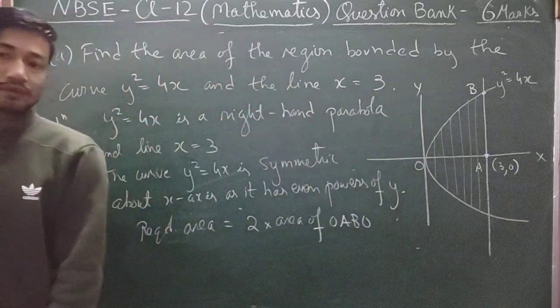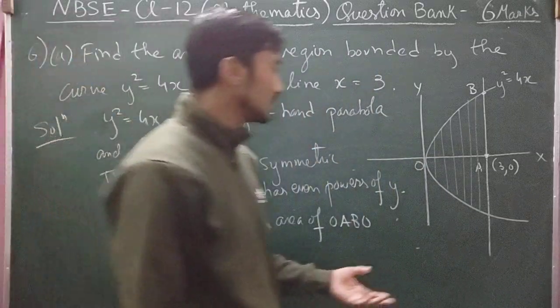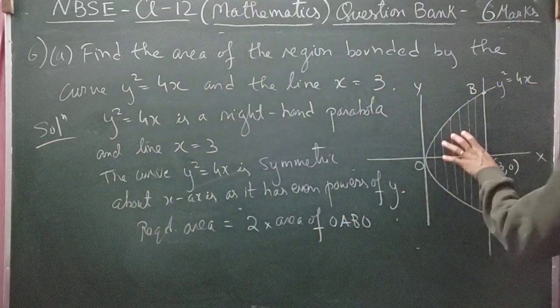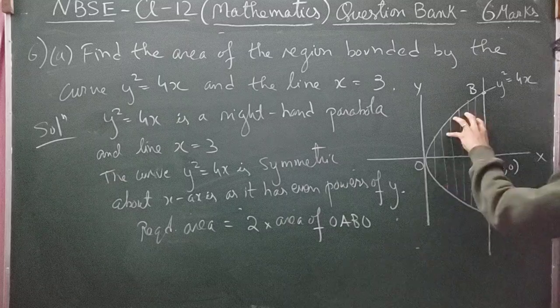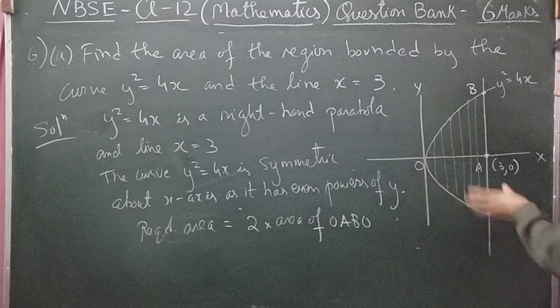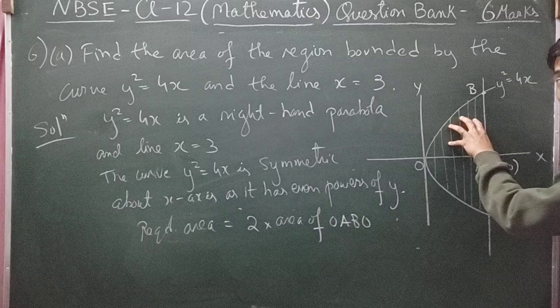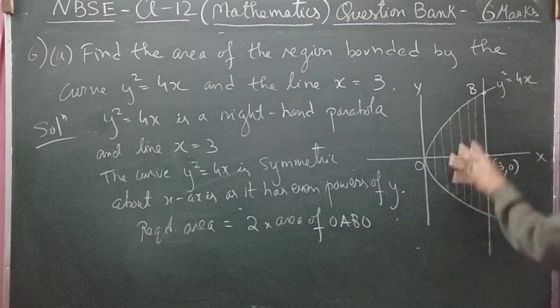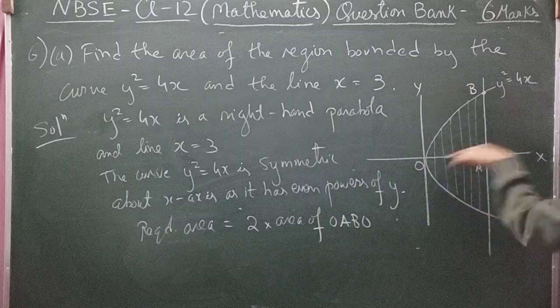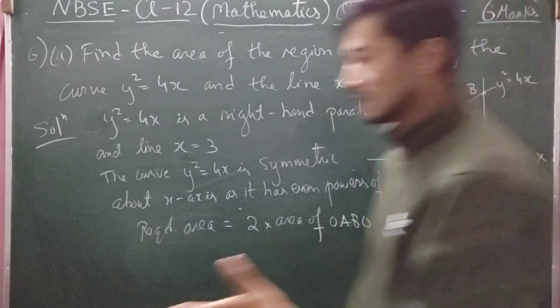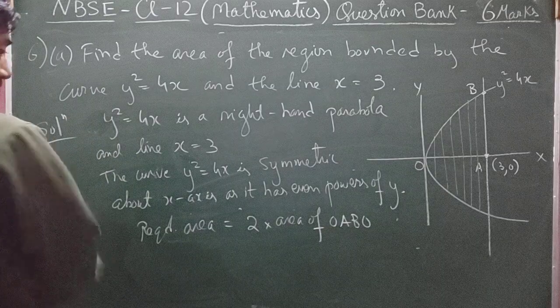Why 2 times of area of OABO? Because as I said, it's perfectly symmetric. So that means these are of same halves, same area, same part. So instead of finding out for the whole, we just find out for this region and double it. It will give you the total area. No? Half. Because it's perfectly symmetric, half. Alright, very simple question. So, done.